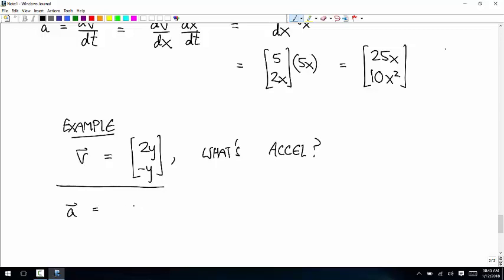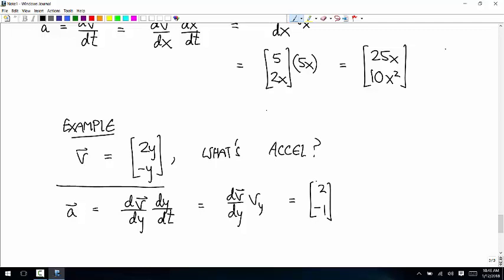The acceleration in this case is equal to the derivative of the velocity with respect to y times dy/dt. And that's dv/dy times the y component of the velocity, because the y component of the velocity is dy/dt. And so this is 2 minus 1 times the y component of the velocity, which is negative y. And so you get negative 2y plus y.